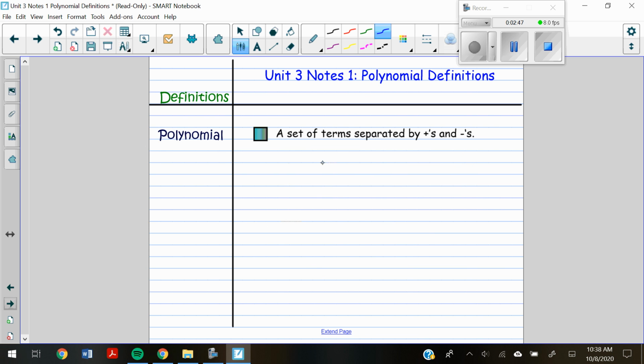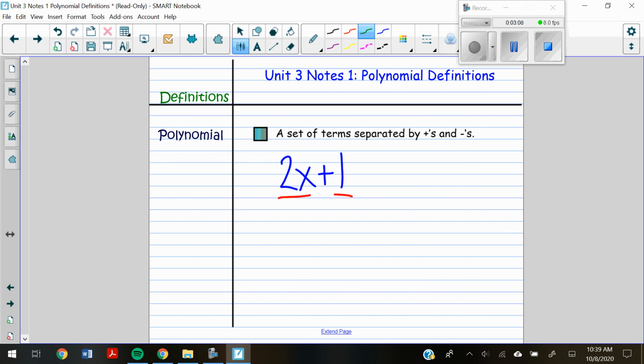All right, a polynomial is a set of terms separated by pluses and minuses. We're going to be working a lot with polynomials in this chapter because that's the title of it. A polynomial can be simple like 2x plus 1. It has 2 terms, 2x and 1.